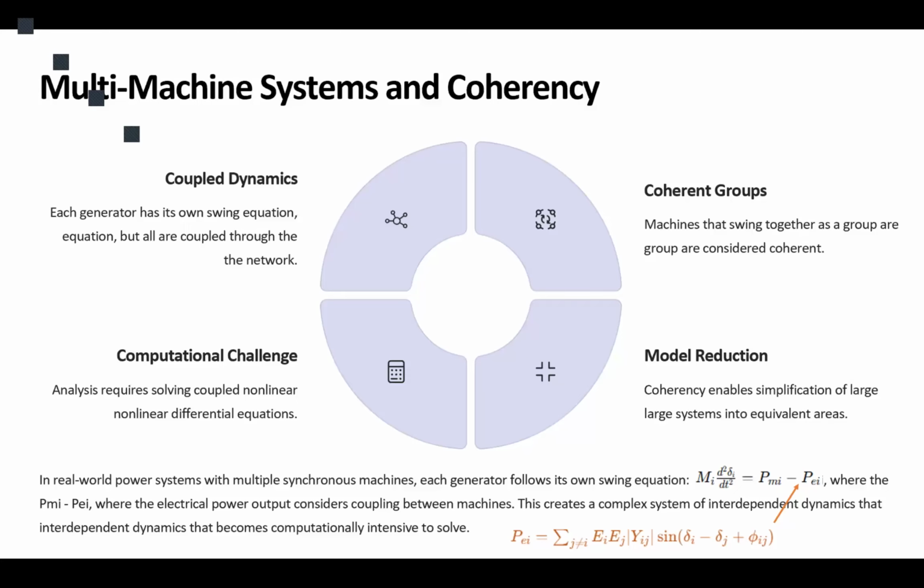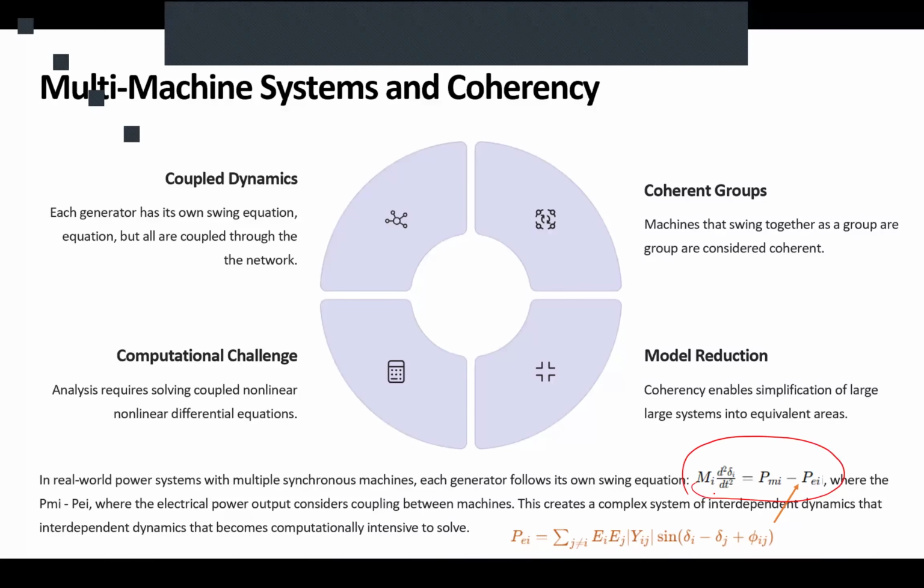So to do that, all these resources are going to be modeled by the same model that we developed: M times the second order differential of the delta equals the mechanical power minus electrical power of that source. So we are going to end up with a matrix of those generations. Each of them has their own M, so Mi.